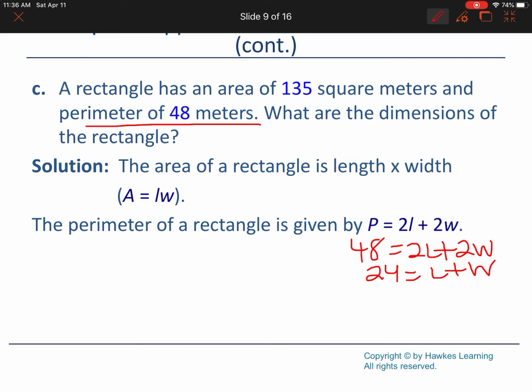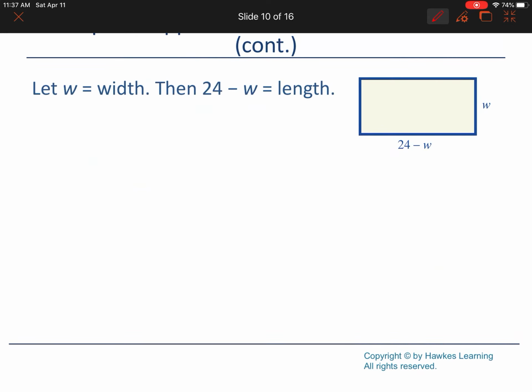So if you think about your rectangle, if this is length and this is width, but they have to add up to 24, I could write 1 in terms of the other, saying that length would be equal to 24 minus width. Or I could have gone the other way, right? So there's my rectangle.